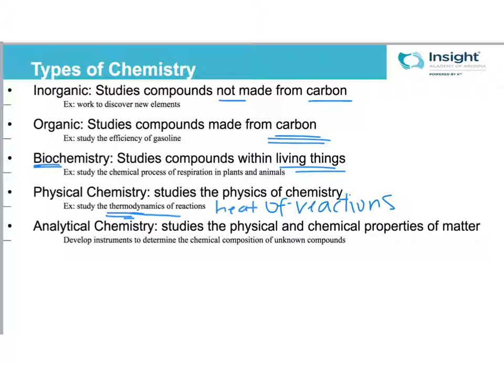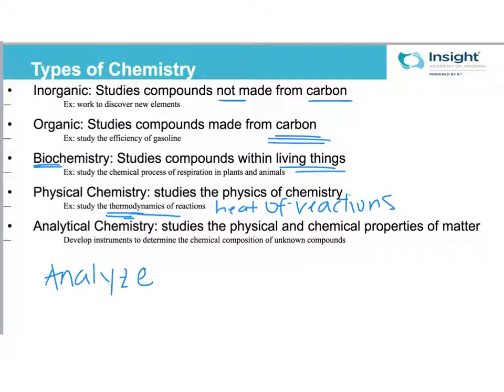Then the last thing is called an analytical chemist. And if you've ever thought of the word analyze, so if you analyze your data, something like that, you're looking at numbers, you're looking at patterns, things like that. So analytical chemists are going to develop instruments to help us analyze chemicals or measure things about the chemicals.